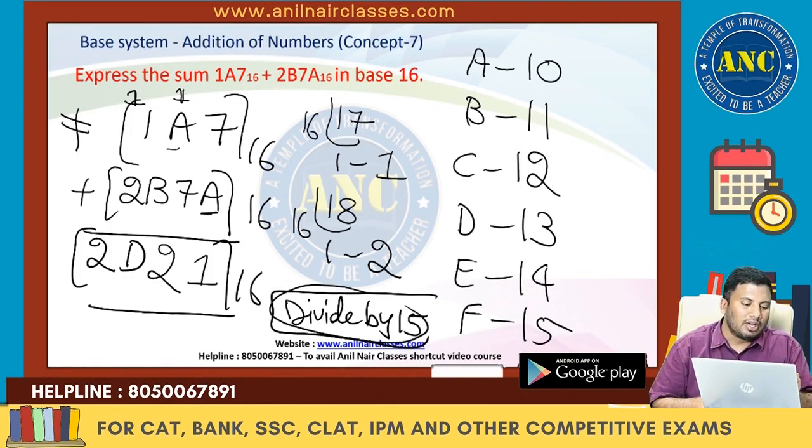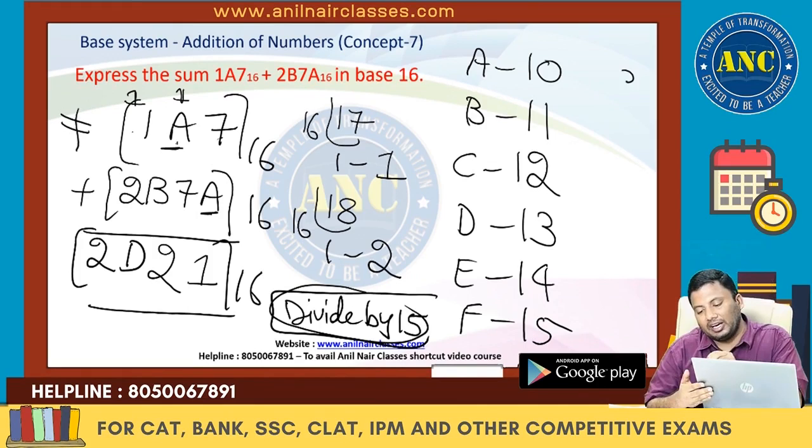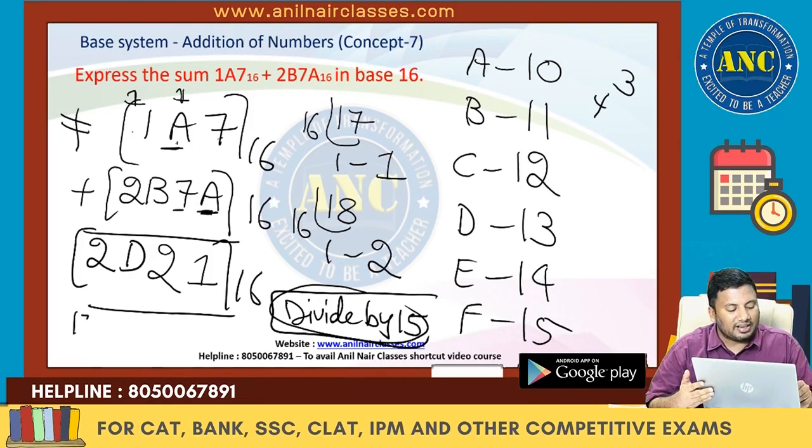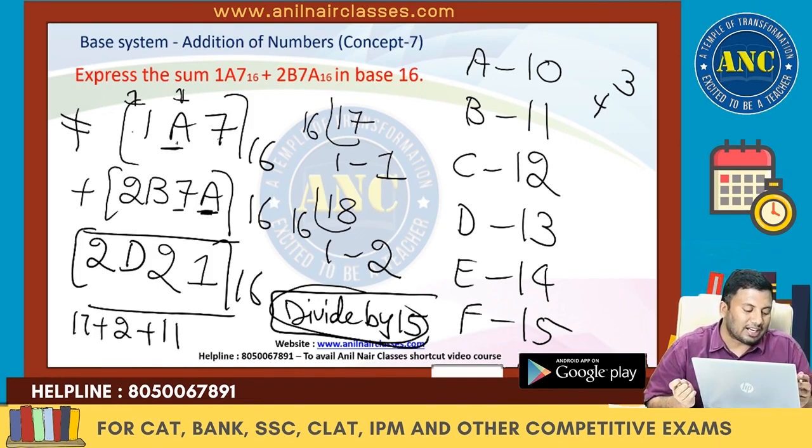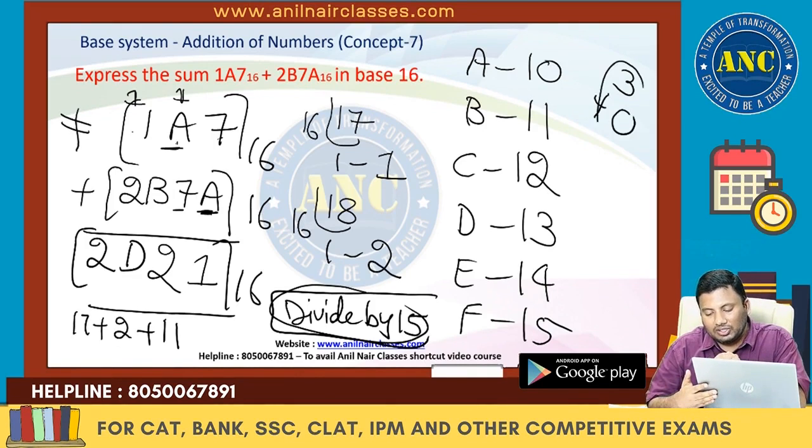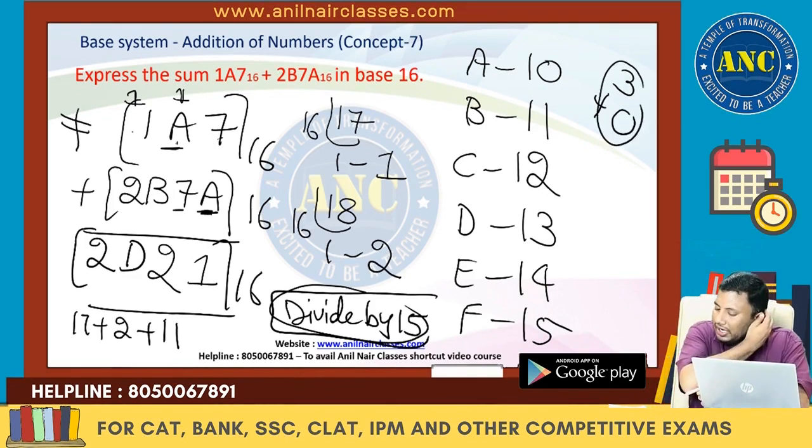How do you do it? What is A value? 10. 10 plus 7, 17. 17 plus 1, 18. 18 divided by 15, remainder 3. Next one, A is 10. 10 plus 7, 17, plus 2, plus 1, 11 plus 2, 13. 13 plus 17, 30. 30 divided by 15, remainder 0. 3 plus 0, it is 3.